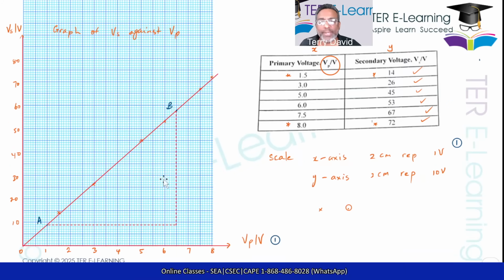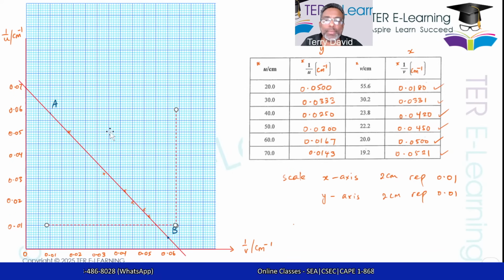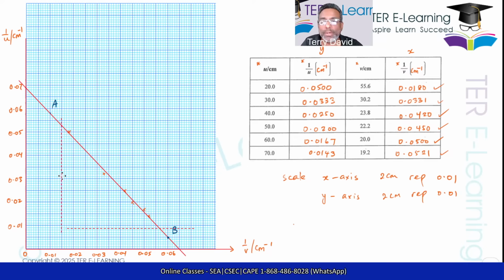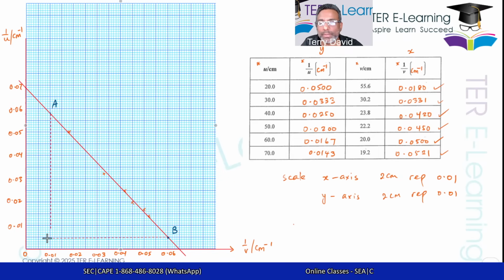So let me borrow my dash lines from across here. All right, so let's put our line here. Again, CXC is giving you marks for completing this right angle triangle, so please make sure to put it in.